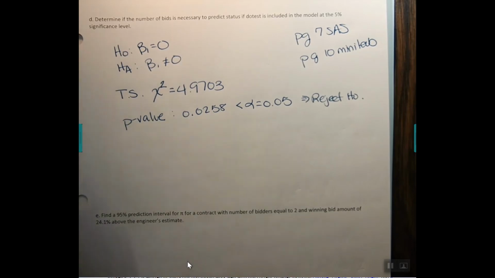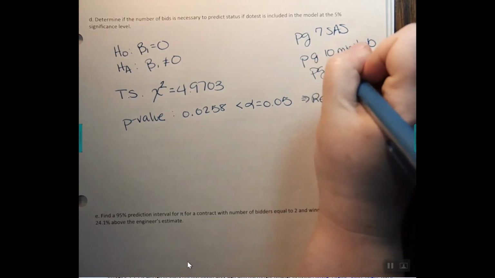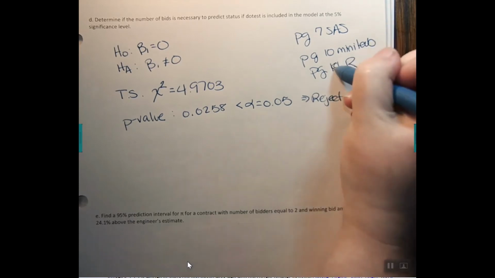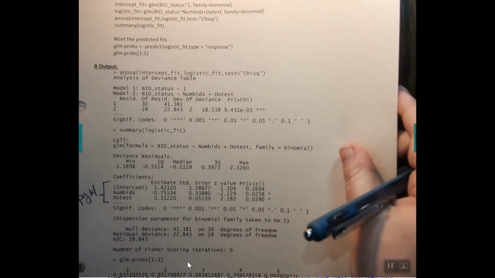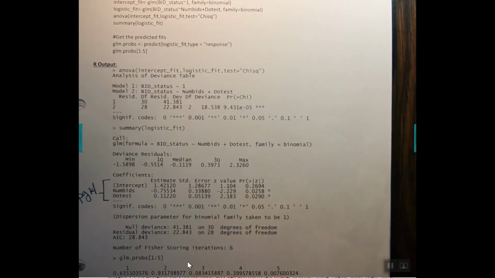And then if we look at page 13, we could also find this in R. R is also going to give us the Z value, and that Z value is right here.